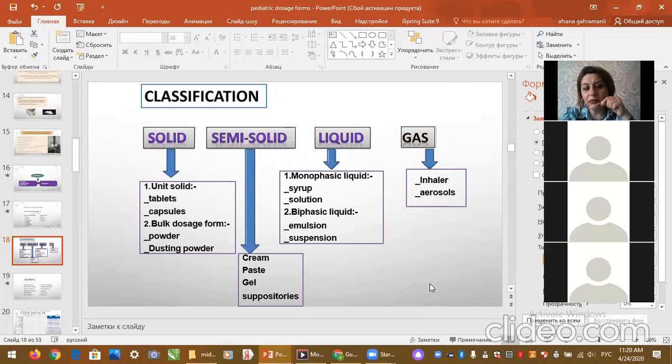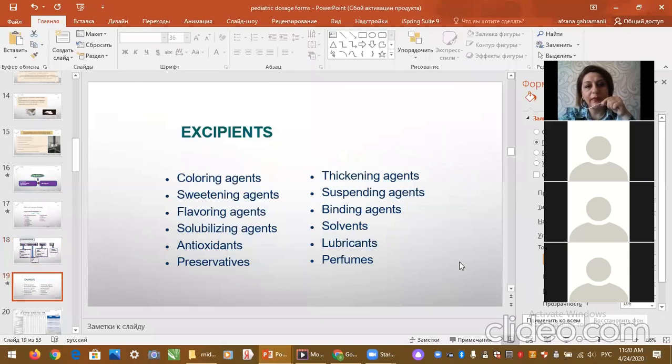Tablets, powders, dusting powders. Semi-solid: cream, paste, gel, suppositories. Liquid: monophasic liquids, syrup, solution; biphasic liquids, emulsion, suspension. And gas forms: inhaler and aerosols. Now, excipients.